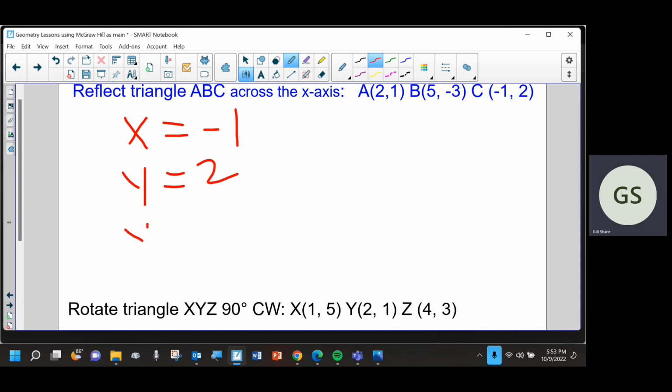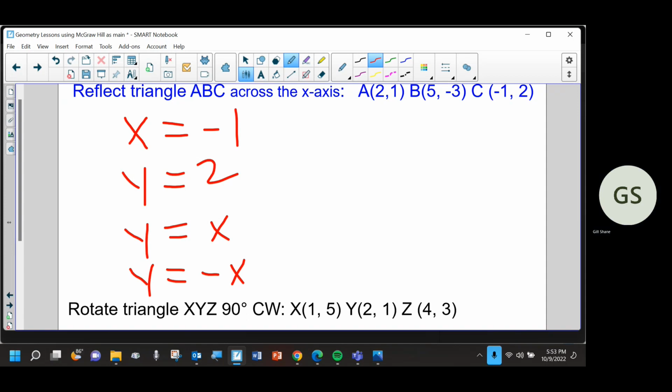And then there were two other situations which we hadn't done at all, Y equals X or Y equals negative X or something like that. It could be X equals Y, you could flip the sides. So I reviewed those on October 6th if you want to watch that, if you missed that particular lesson for some reason.